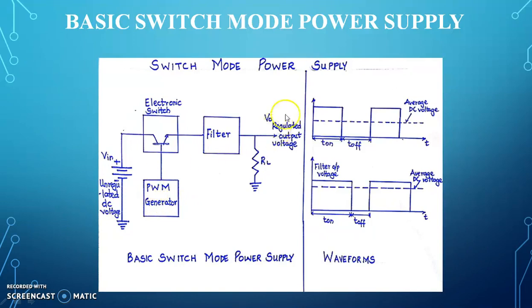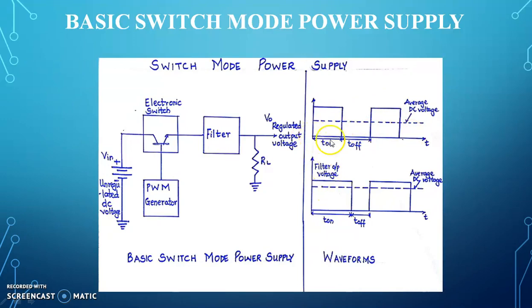When the pulse is high, then input, that is unregulated DC voltage, is given to the filter because the transistor will be in saturation, the transistor will be on, and the input is given to the filter. When the pulse is off, the transistor is off. So we have the input of the filter, that is the rectangular wave.